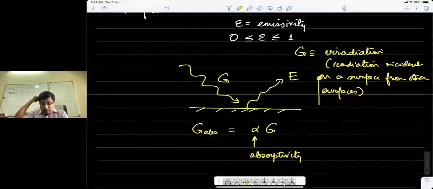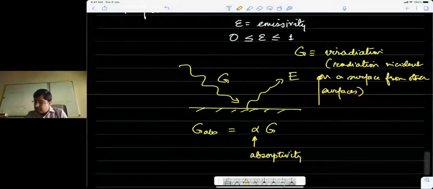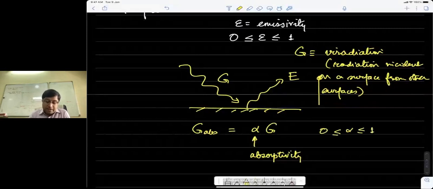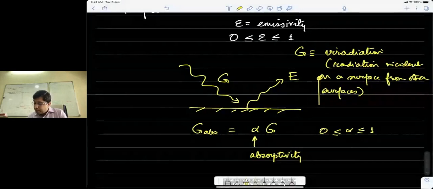Alpha denotes the portion of incident radiation that is absorbed by the surface. So alpha can only be between 0 and 1, it cannot be more than 1, and it cannot be negative. Same with emissivity; emissivity cannot be negative.